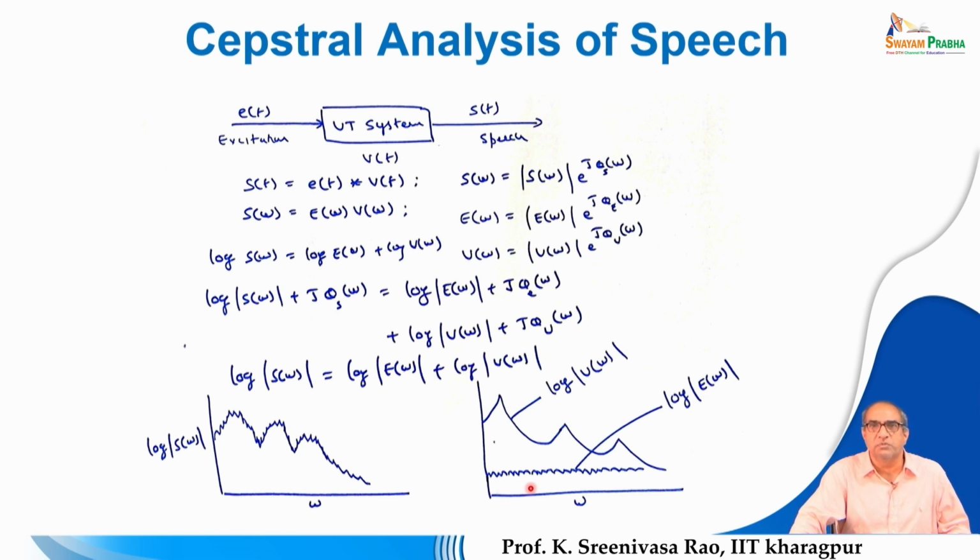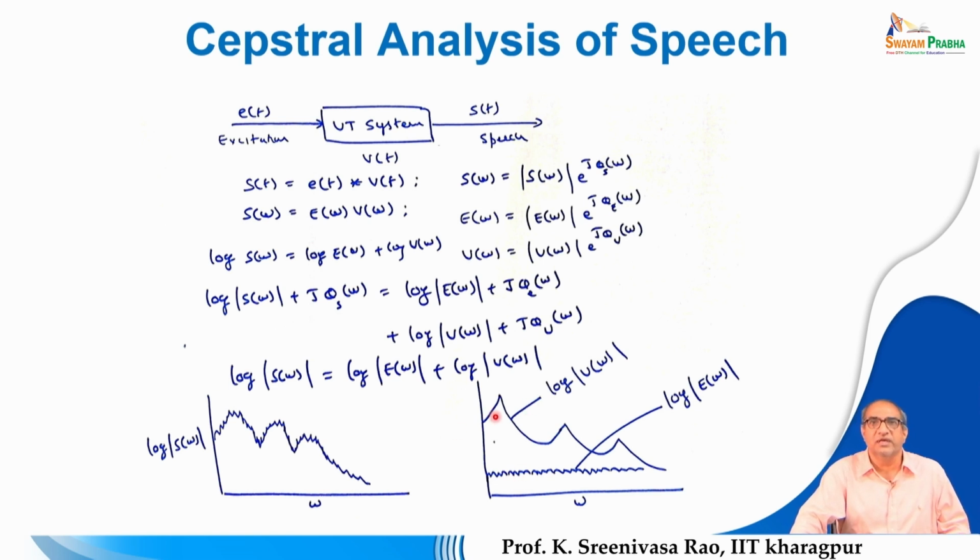In the case of a male speaker, the pitch will be less, it may be 80 or 90 or 100, 120, something like that. There, if you analyze the excitation characteristics, you can see a ripple, but the ripples will be very dense, because the pitch frequency is less.